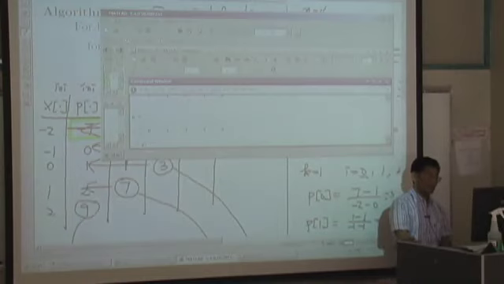So P of 5 plus P of 4 multiplied by x minus x of 5, plus P of 3 multiplied by x minus x of 5, x minus x of 4.